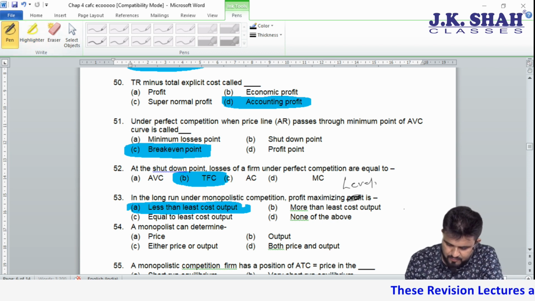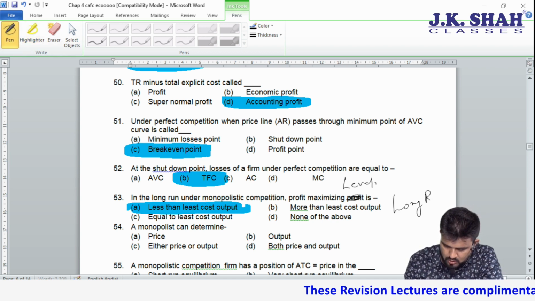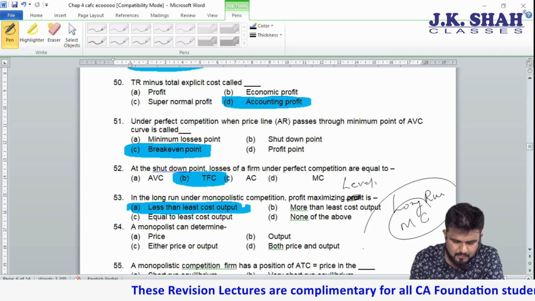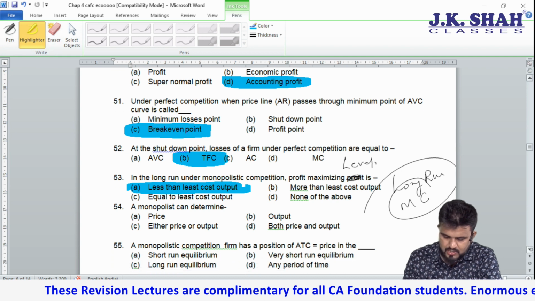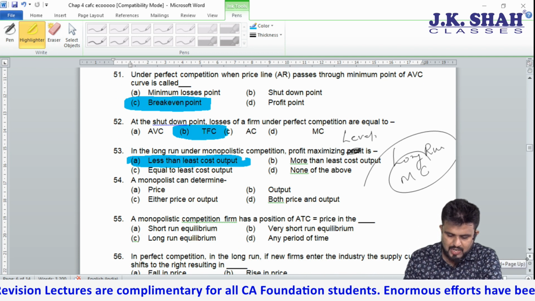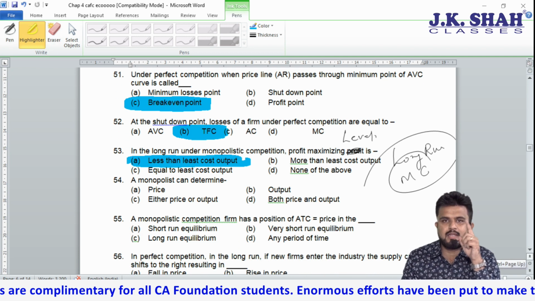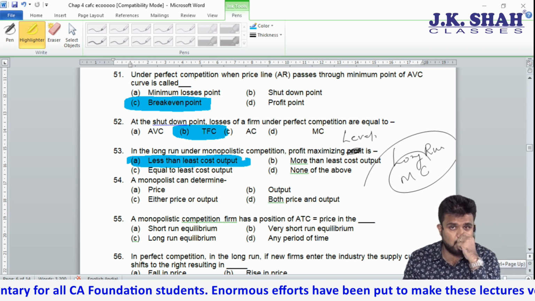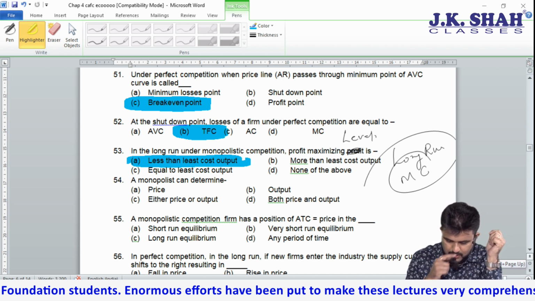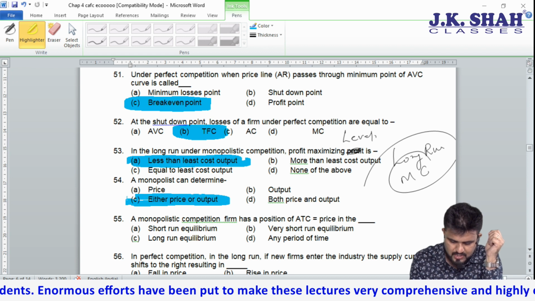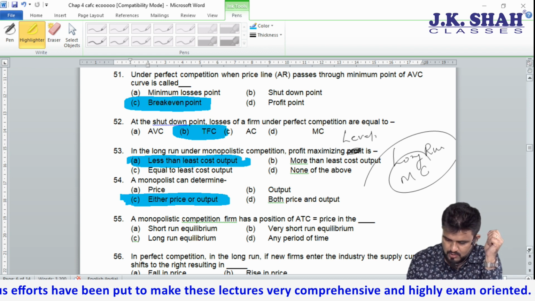Here please refer to the long run monopolistic competition diagram. Quickly you will understand. A monopolist can determine either price or output, not both. So is it given in the options? Yes, option C is correct, either price or output.